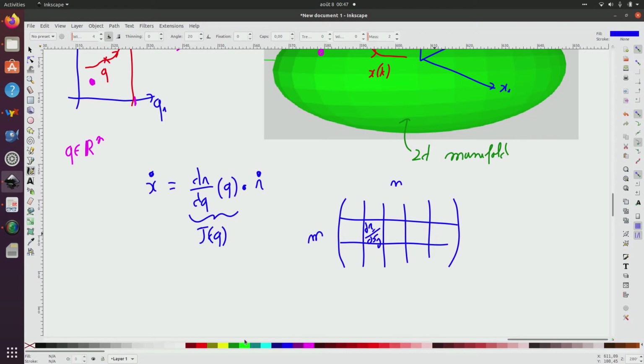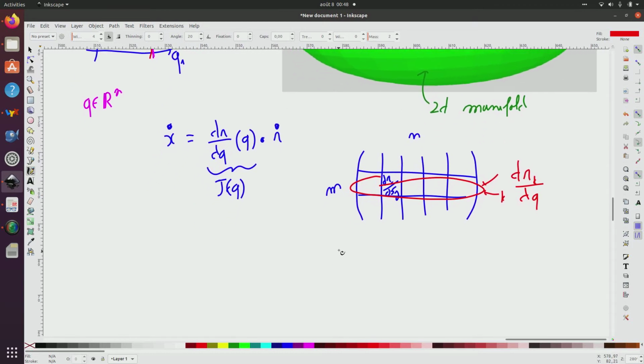So if I take a line like this, this line is the derivative of r k, let's say here it is the kth component, with respect to q. So this one is a horizontal vector, a row vector.